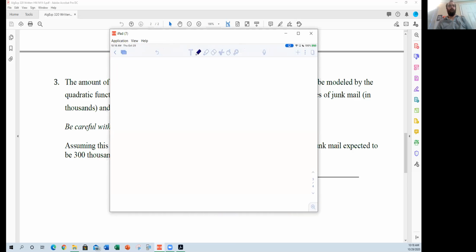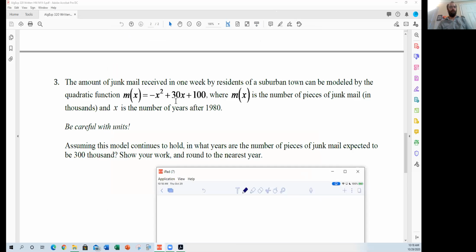All right, so we're going to take this negative x squared plus 30x plus 100, and we want to know when the number of pieces of junk mail is expected to be 300,000. So we're going to set that negative x squared plus 30x plus 100 equal to 300,000.